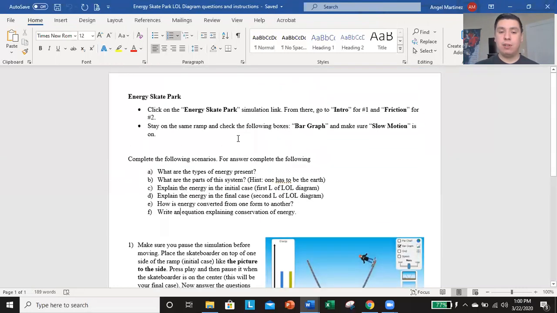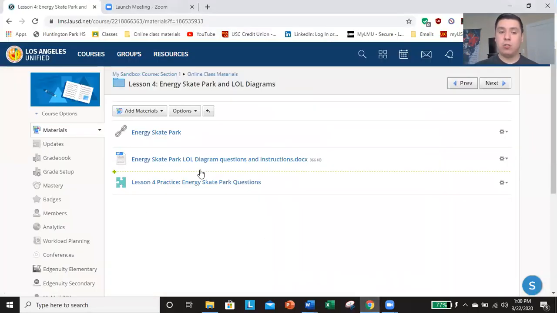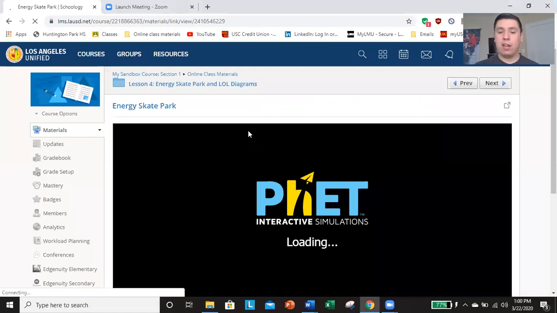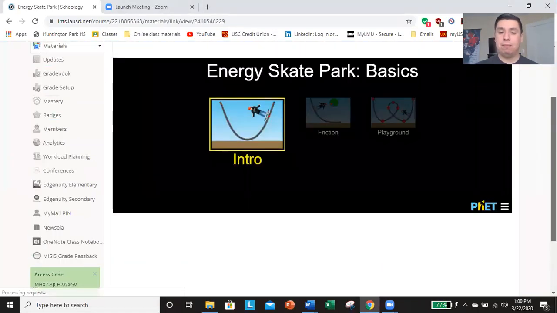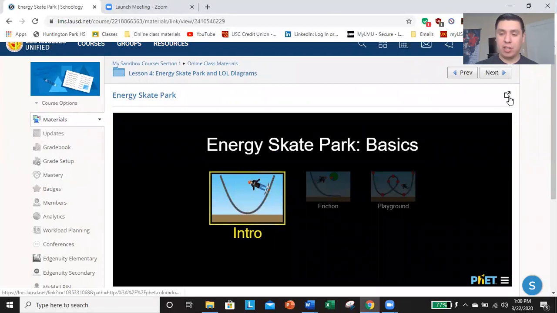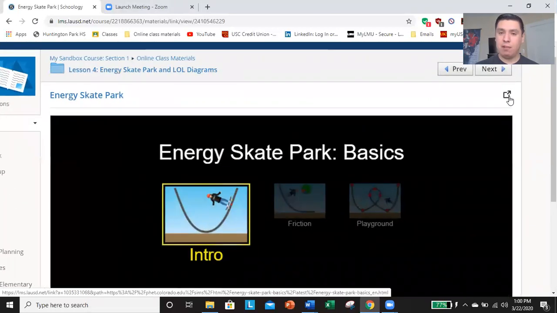For the simulation, you go to Schoology, and it's Energy Skate Park. This is HTML5, so it should work on either a laptop or a phone. I would click on this box right here so it can have a bigger screen.